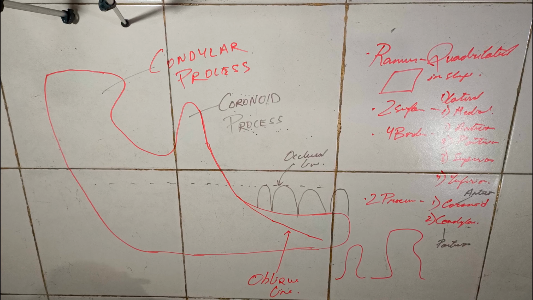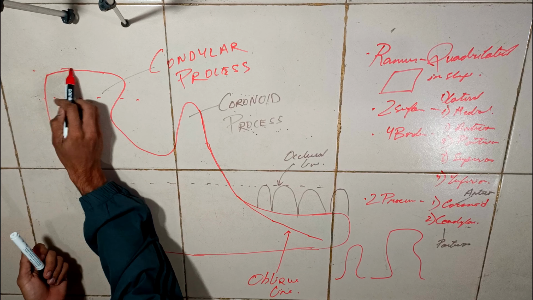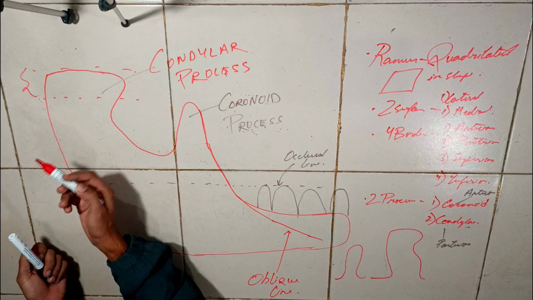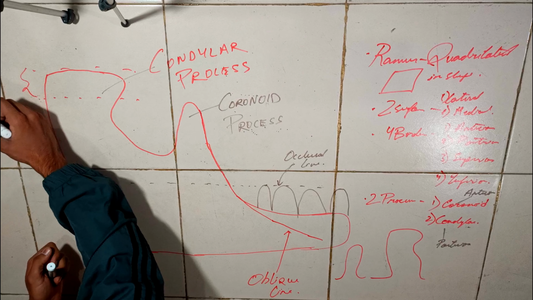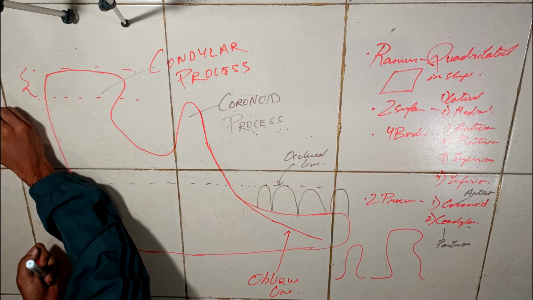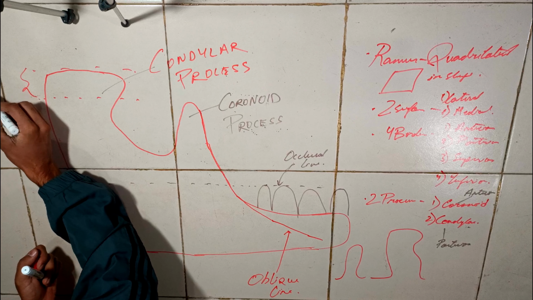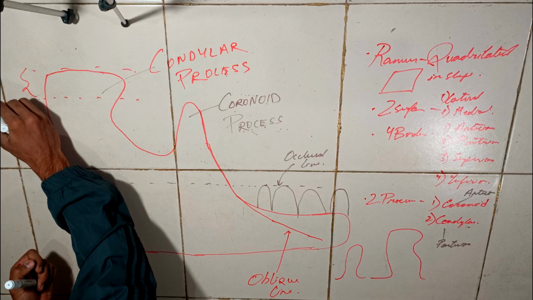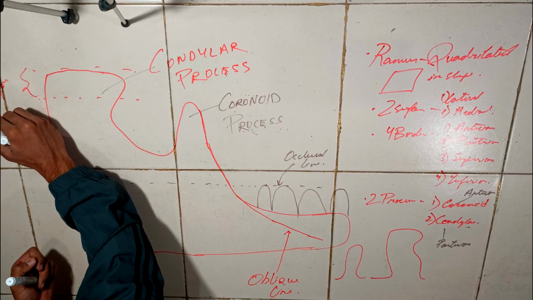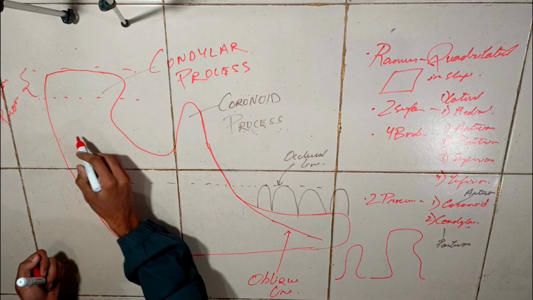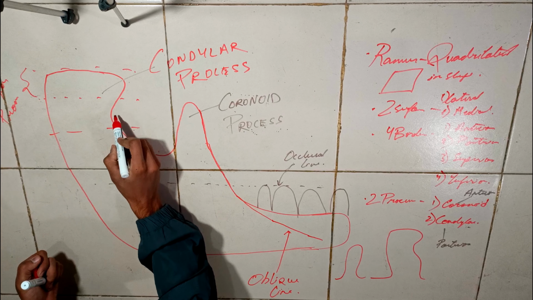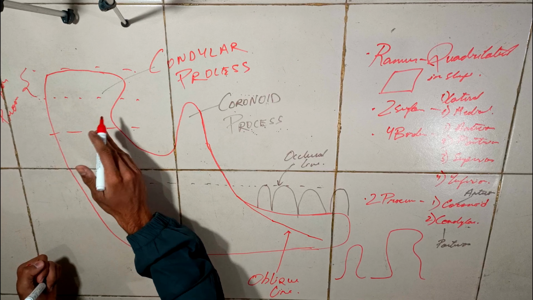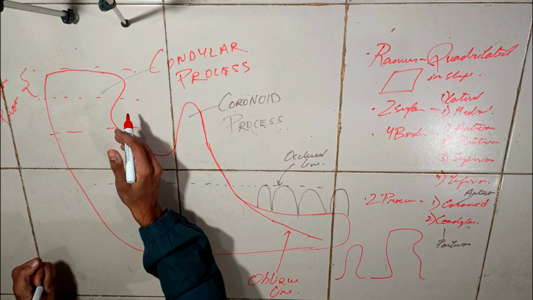This portion is called the head of the mandible, head of condylar process. And this constricted portion is called as the neck.